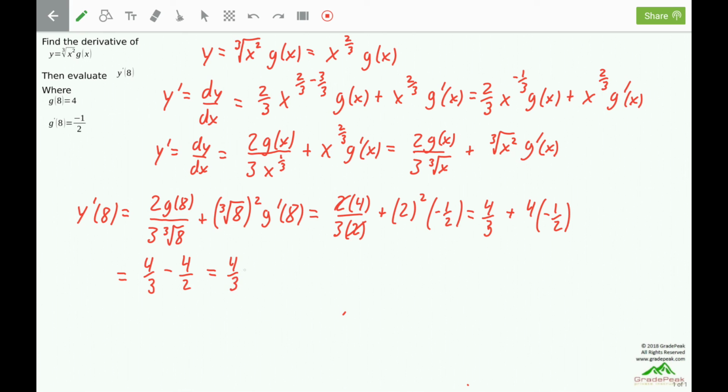We can reduce the 4 over 2 to be a negative 2, but we will have to get a common denominator between these two terms so we can combine them to a single fraction. Let's multiply that 2 by 3 over 3. So this will give us 4 over 3 minus, multiply the numerators, 6, denominators of 3. 4 minus 6 is a negative 2 over 3.